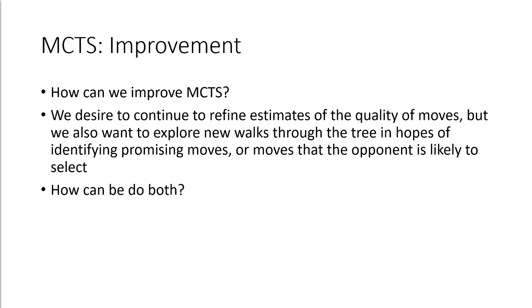And that's because we might uncover some promising move, whether it is something we can force our opponent down a particular path, or maybe our opponent has a move that they would be likely to select. And so we want to make sure that we find that, or as many as possible, of the moves that our opponent would be likely to select. So how can we do this? How can we refine the moves?